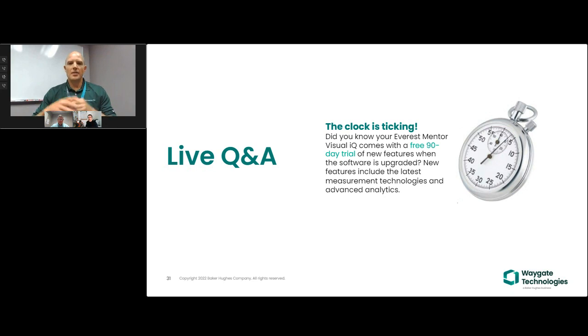So really the best thing, if you have a really critical application, if you're able to do some testing on some samples that are representative, sort of a gauge R&R, that's going to give you the most realistic numbers on accuracy for that specific application.